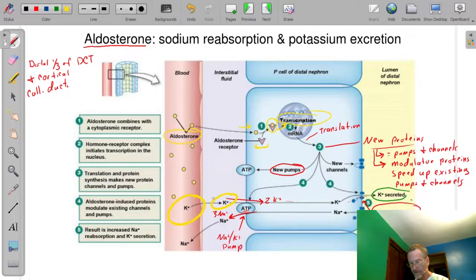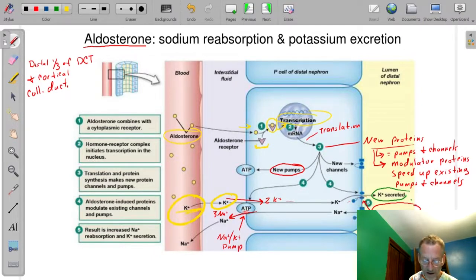Okay. So what were the two signals for the release of aldosterone? One was angiotensin II, and what was the other signal for the release of aldosterone? Hyperkalemia.